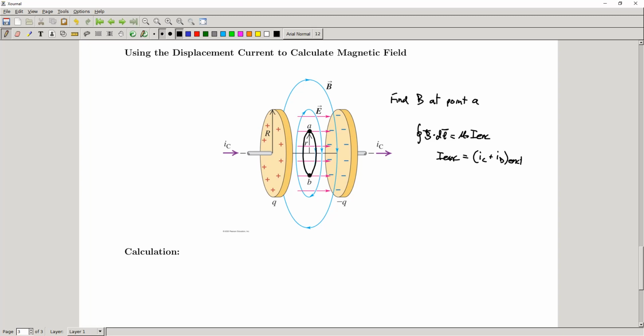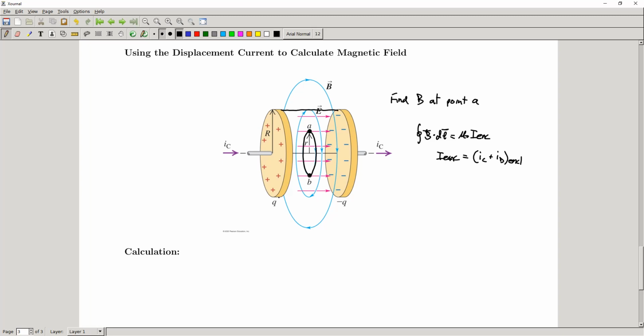Okay, so let's remember though that if we have a setup like this where we have just one conduction current and we're dealing with a parallel plate capacitor, our I_D has to be equal to our I_C.